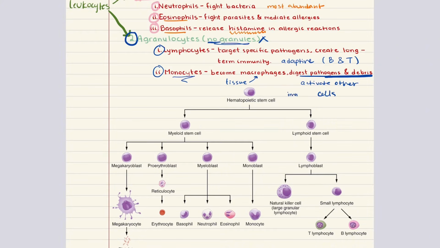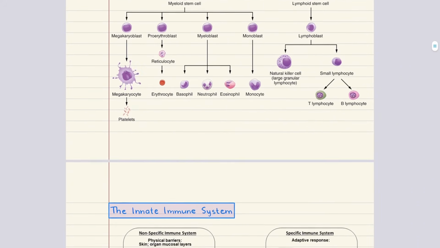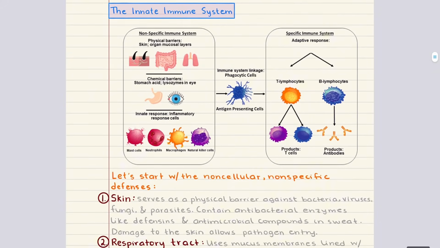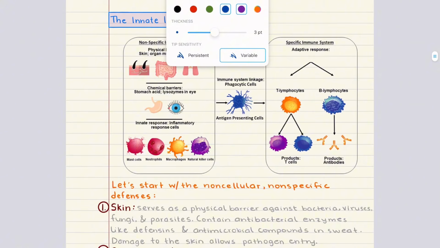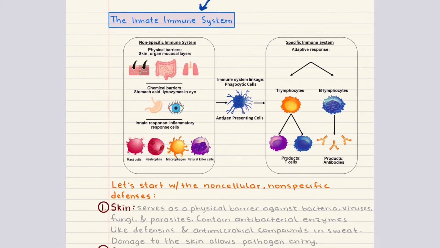So that is something that we're going to be able to get into as we transition from Objective 1 into Objective 2. So in Objective 2, we're going to take a closer look at the innate immune system. To start, this figure gives us a helpful reference on how to distinguish between innate and adaptive immunity.